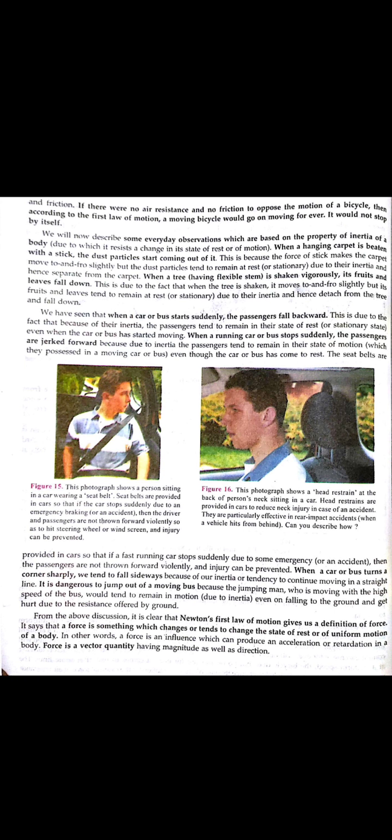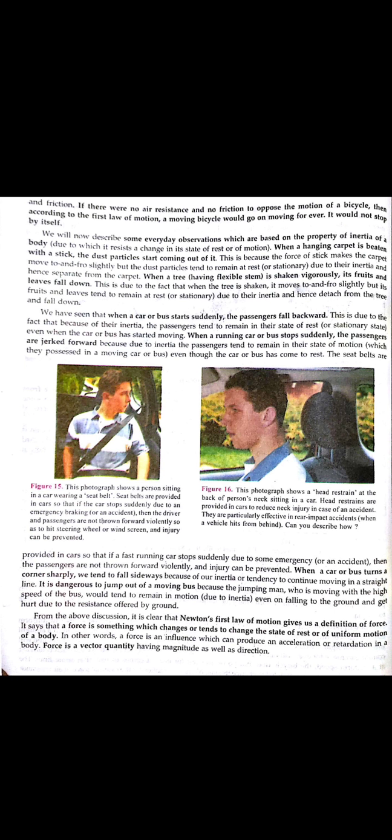And similarly, when our body is in motion, when the train is moving along with us, our body is also in motion. But suddenly when the station comes, the train is stopped. And when the train is stopped, the lower part of our body is brought to rest along with the train.